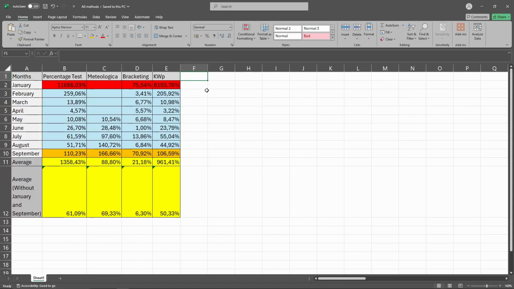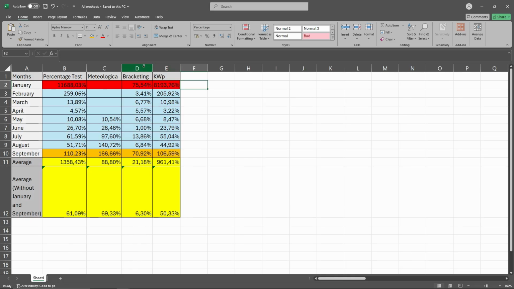In this Excel sheet I created for the company I talked about before, I explain why my method was closer to reality and thus better for the operator, better for the compensations. Here we can see 4 different tests. I made a percentage test, a meteorological test, which is a prediction application and algorithm, and a kilowatt peak algorithm, which uses the maximum power production of the plant.